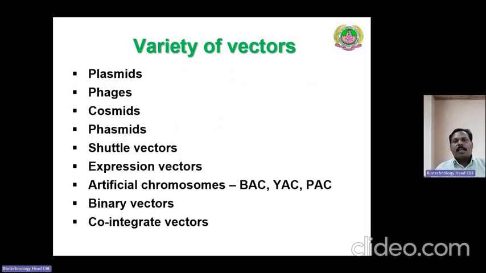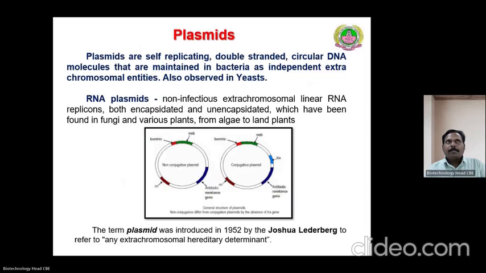Some artificial chromosomes are also modified to be used as vectors to have a larger insert capacity, which includes bacterial artificial chromosomes, yeast artificial chromosomes, and P1 phage based artificial chromosomes. We'll also discuss binary vectors and co-integrate vector systems as a special strategy for plant genetic engineering.